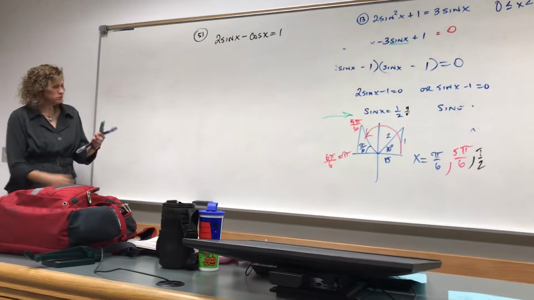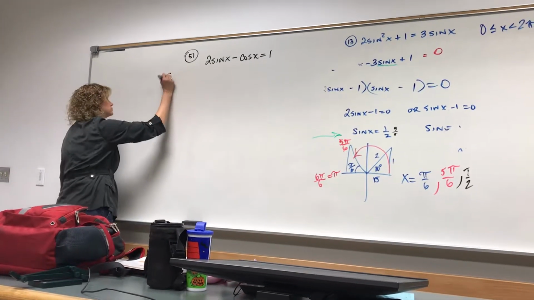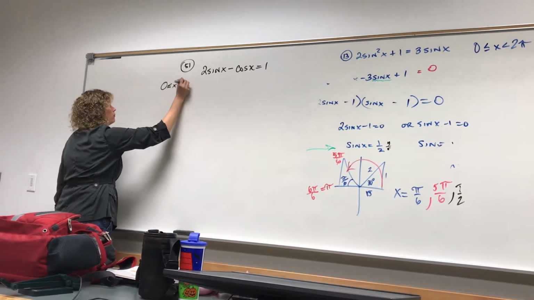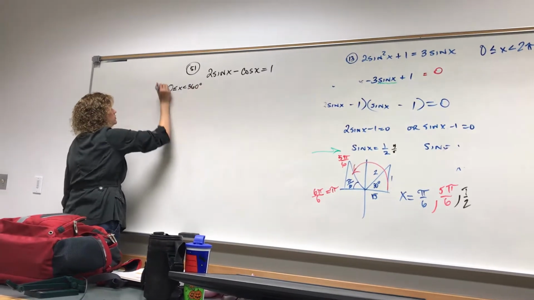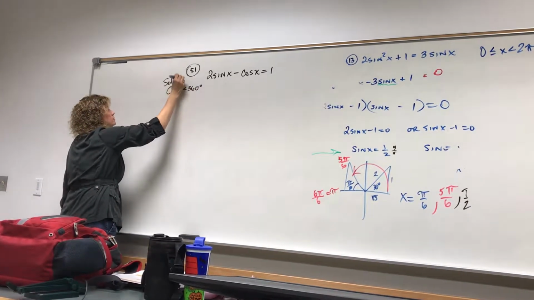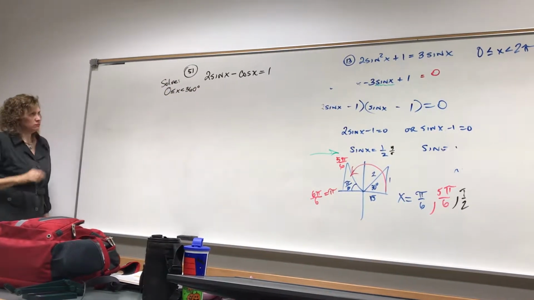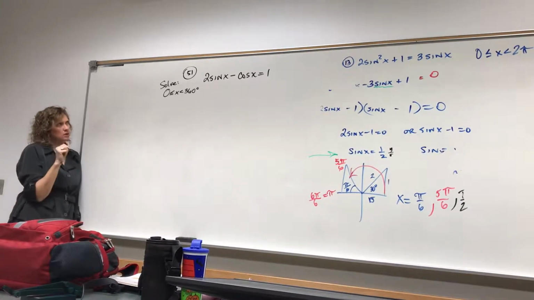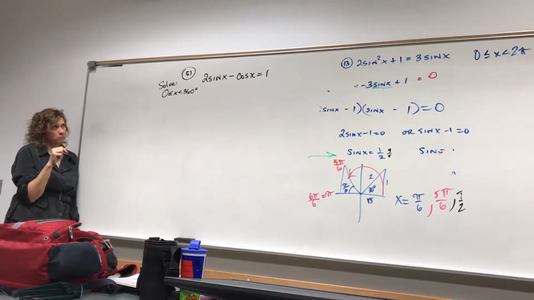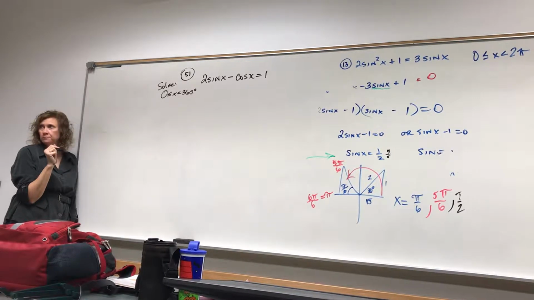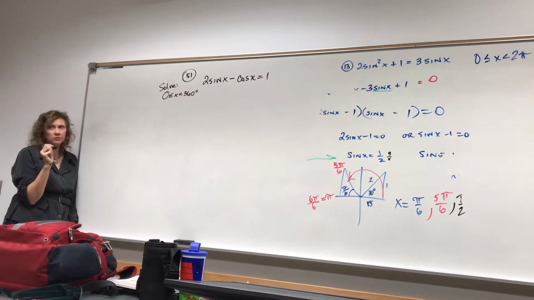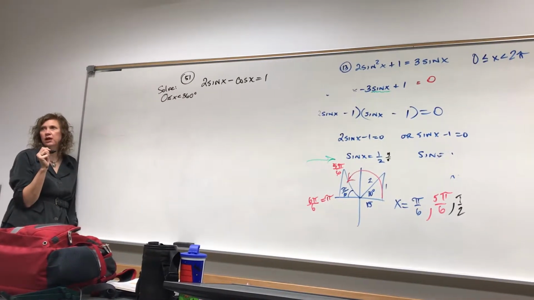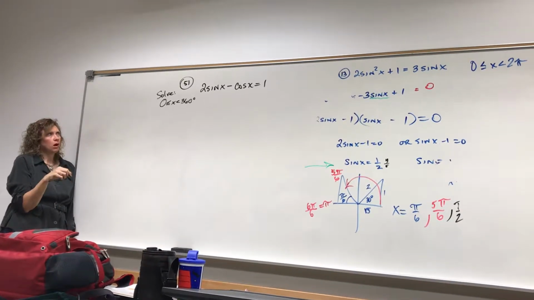I think we're solving between 0 and 360, so you're solving in degrees. What rotation around? All the angle measures that are going to make that true. What's the problem? Sine, cosine. I've got both sine and cosine. It is a dilemma.